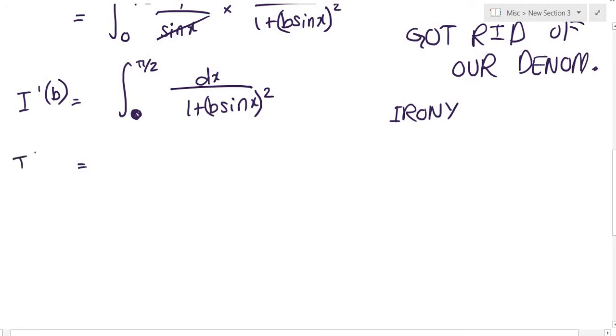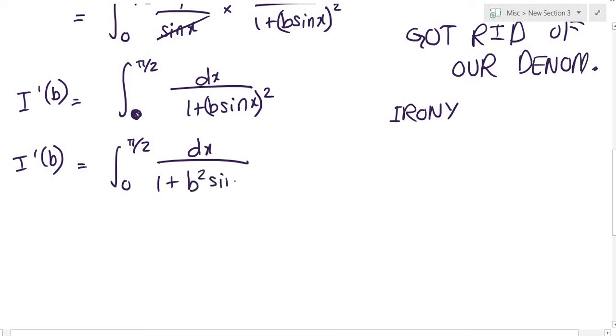So let's go ahead and calculate this integral. We have I prime of b being equal to the integral from 0 to pi over 2 of dx over, let's just square everything, 1 plus b squared times sine squared x. I want to divide the numerator and denominator by cosine squared x, because we have a sine squared, and you will see in a minute why.